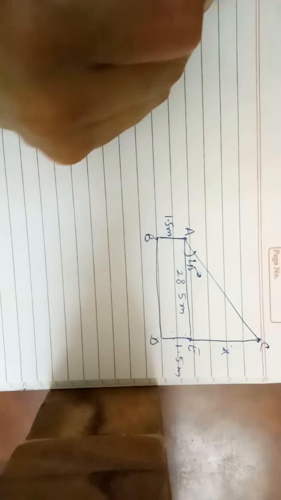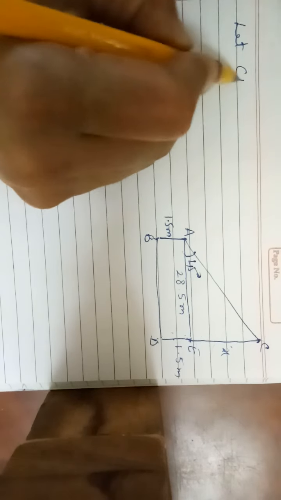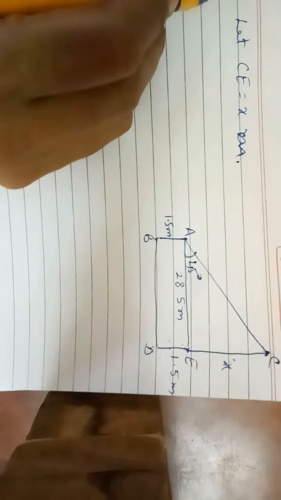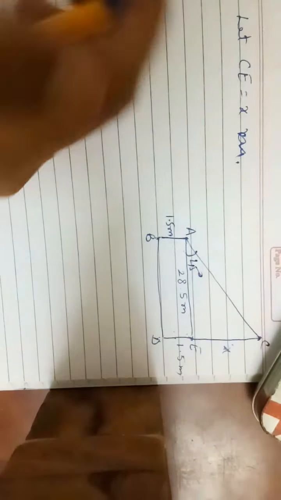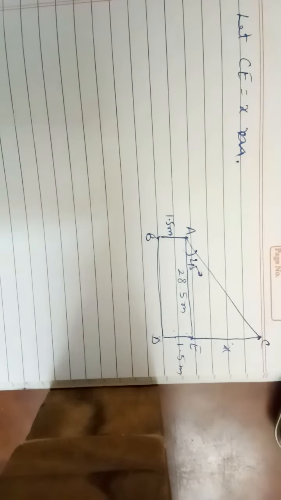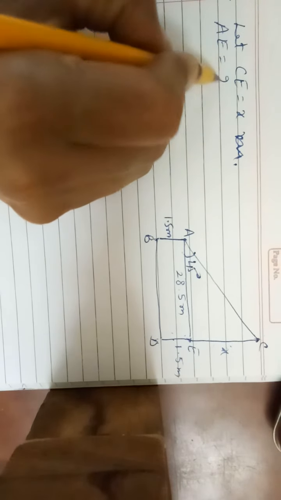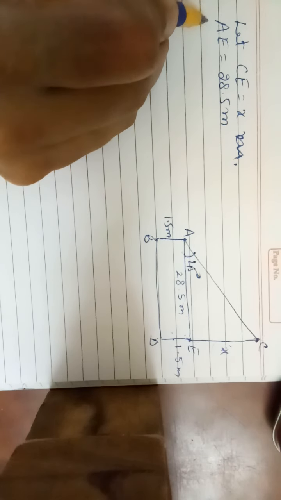Now we have to solve question number 3. Let CE be equal to x meters, and AE is equal to what? 28.5 meters.